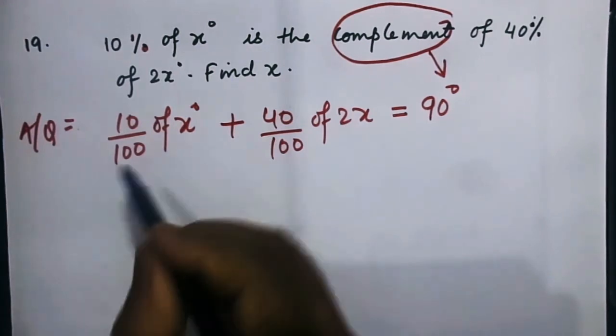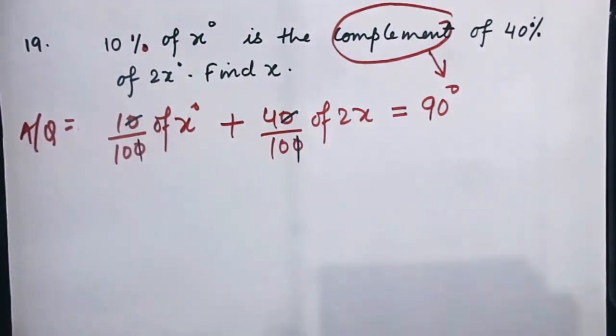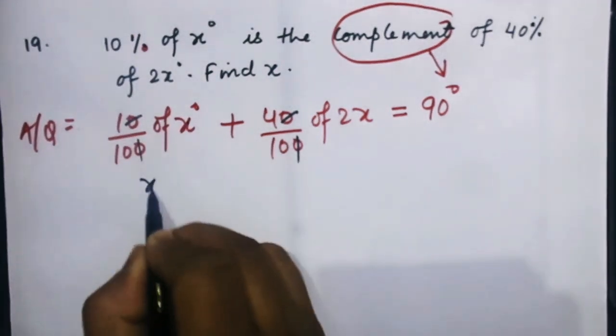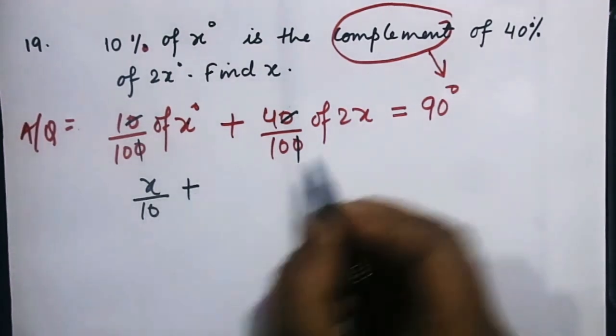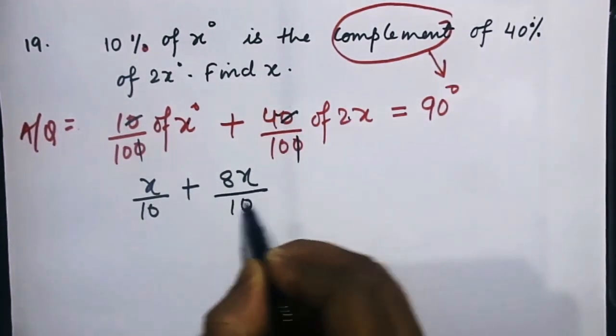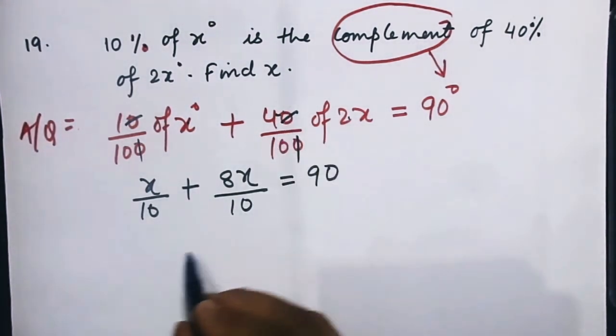Let's solve. 0 0 cancels, 0 0 cancels. Therefore have a look. X by 10 plus 4 2s are 8x by 10 is equal to 90. See, I didn't cancel. Why?